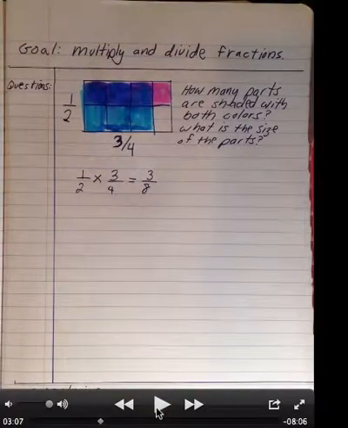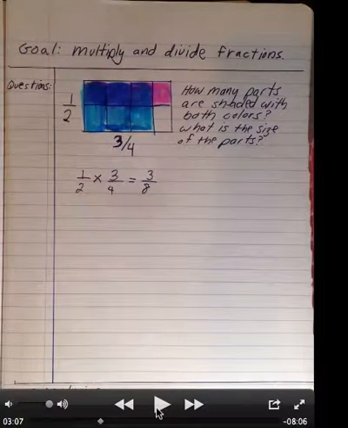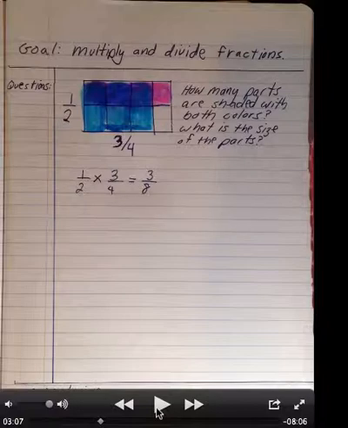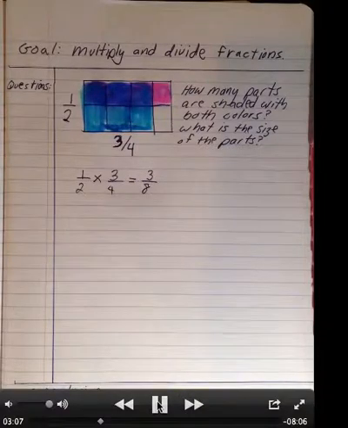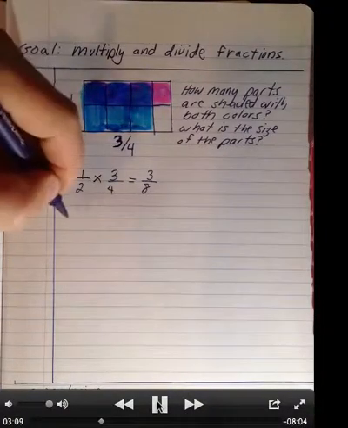There are 3 parts that are shaded in both blue and pink out of the 8 total parts. So 1/2 times 3/4 is equal to 3/8.